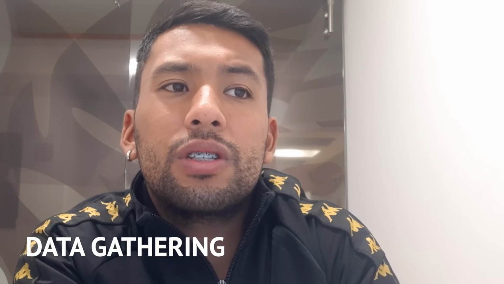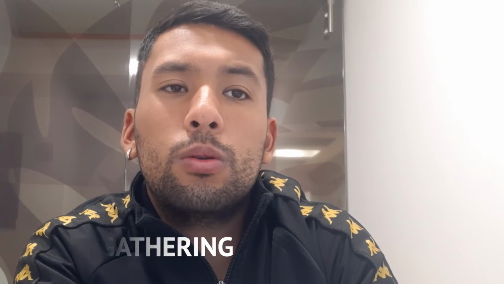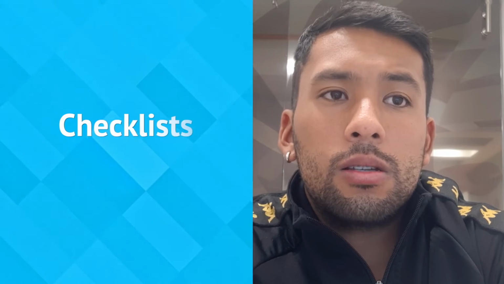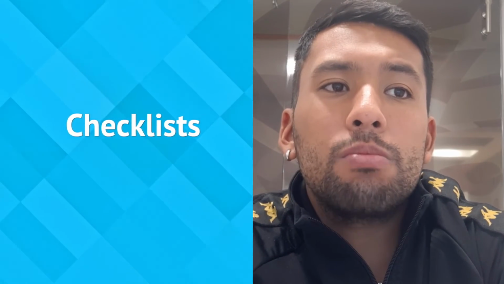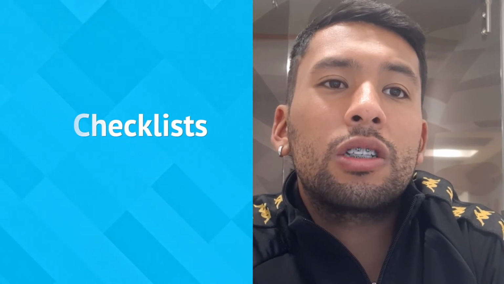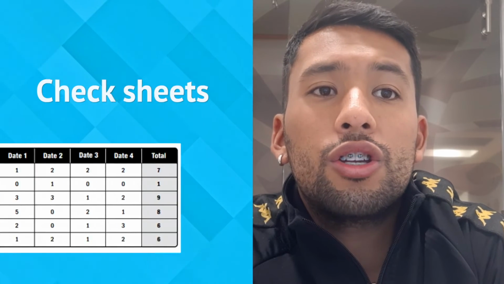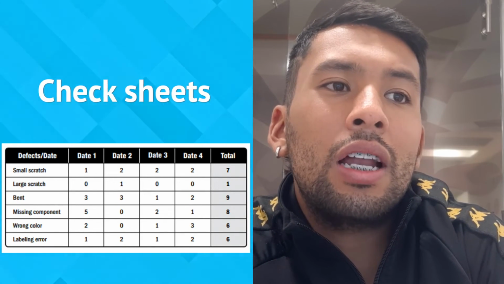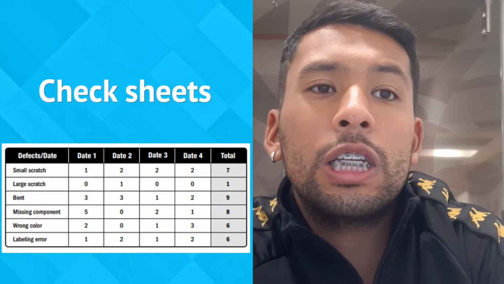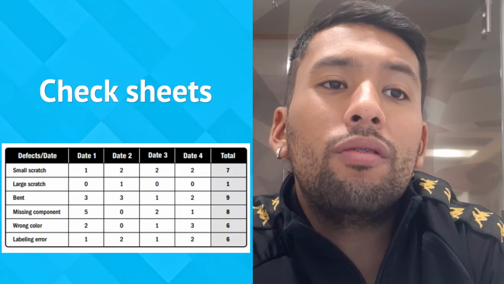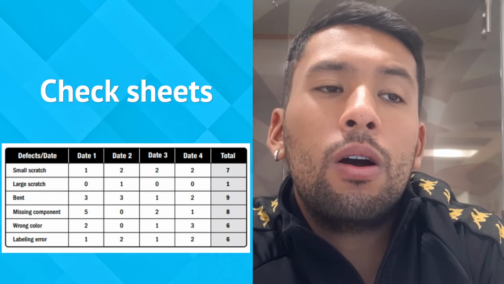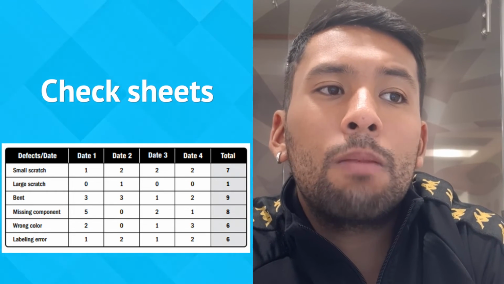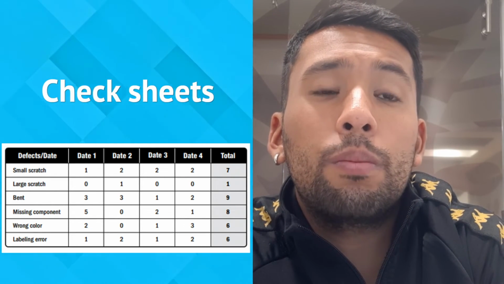Data gathering. Data gathering techniques that can be used for this process include, but are not limited to, checklists. Checklists help in managing the control quality activities in a structured manner. Check sheets, also known as tally sheets, are used to organize facts in a manner that will facilitate the effective collection of useful data about a potential quality problem.